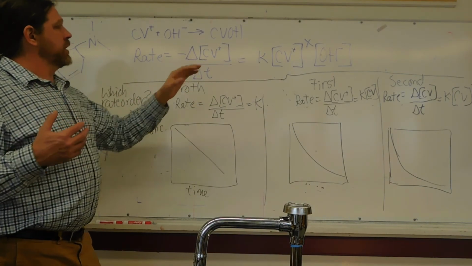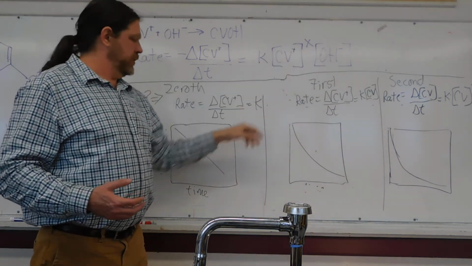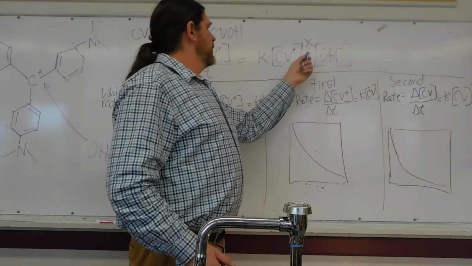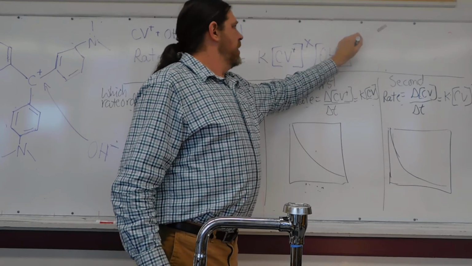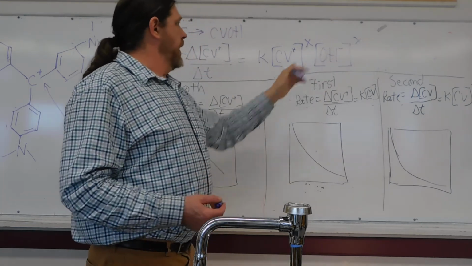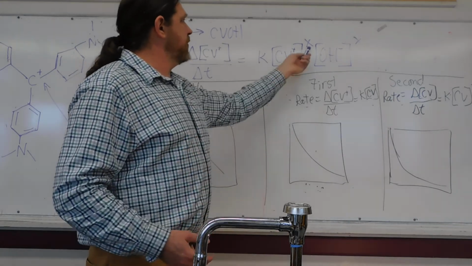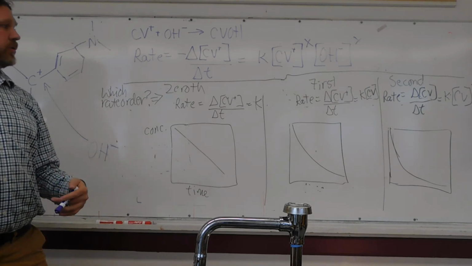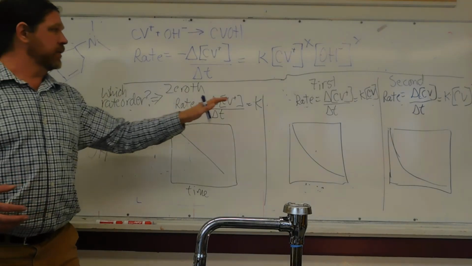And this can give us a sense overall of a rate order equation by looking at whatever coefficient we have for CV against OH. We don't know, starting out, what this coefficient is. Is it a 0, is it a 1, or is it a 2? This, of course, is our orders of reaction.